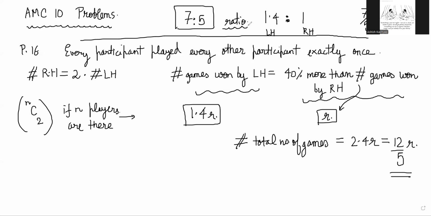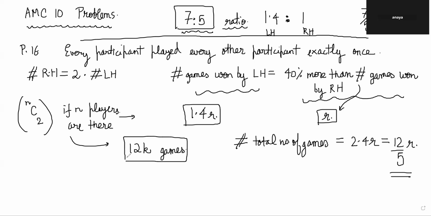Why am I making it like this? Because now this tells us that 7K games are won by left-handed people and 5K games are won by right-handed people. That means the total number of games is 12K, so it's a multiple of 12.